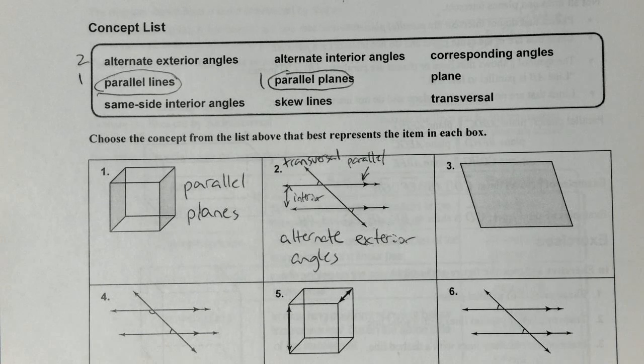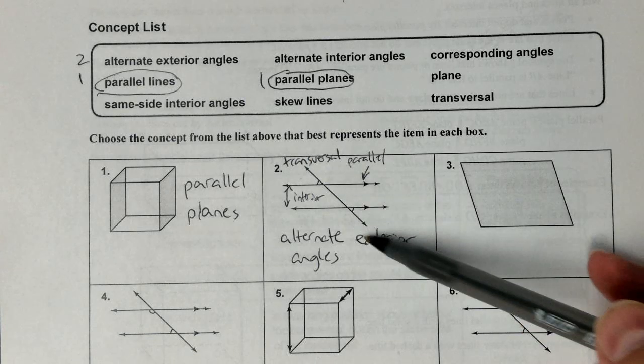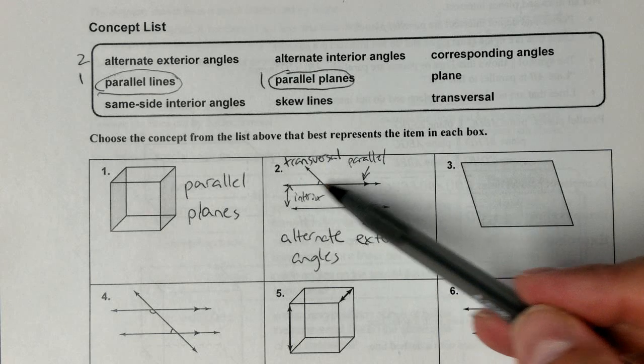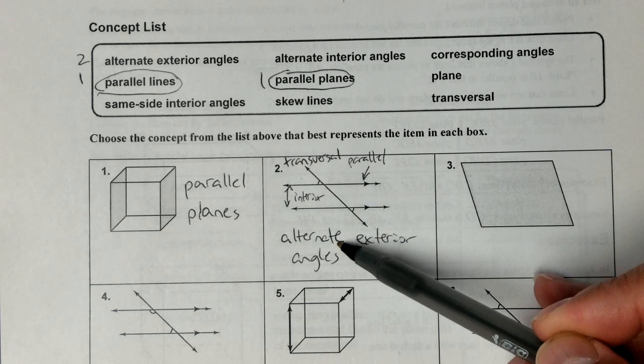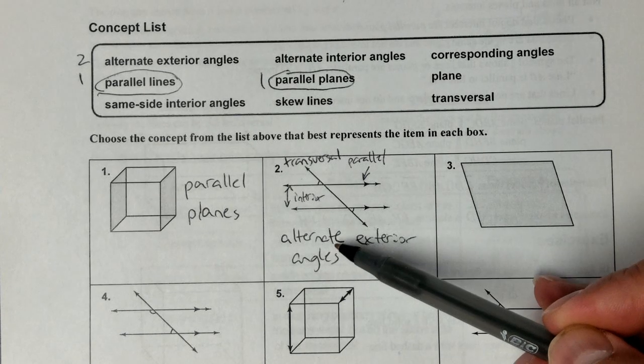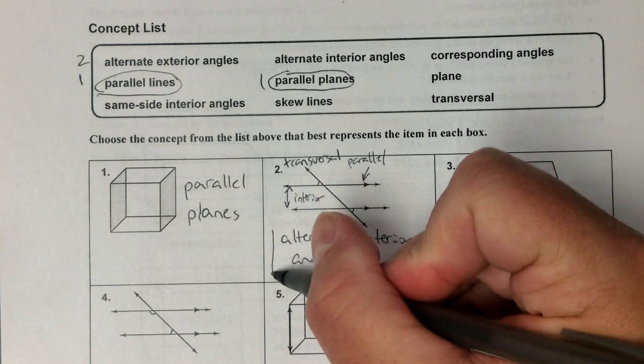And then also you've got this transversal, which is basically like the cutting line. And if you've got one on the left and one on the right, that's called alternate because they're not on the same side. So we have alternate exterior angles.